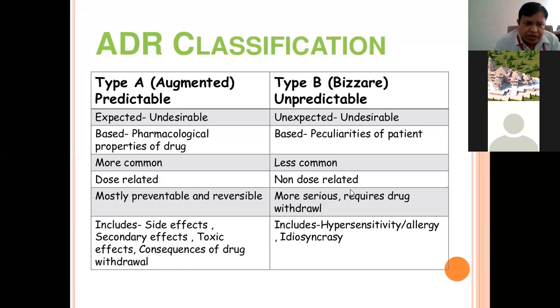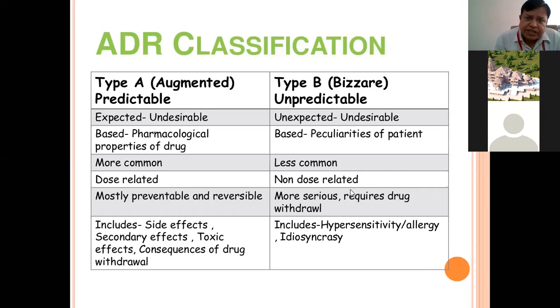It includes side effect, secondary effect, toxic effect, consequences of drug withdrawal, etc. These are the augmented or type A drug adverse reactions we face if we are taking any treatment or medication.